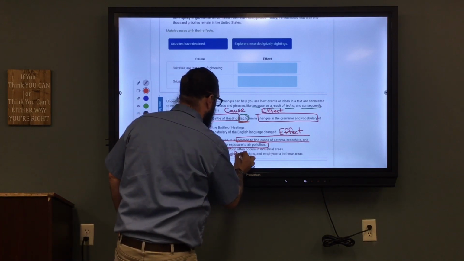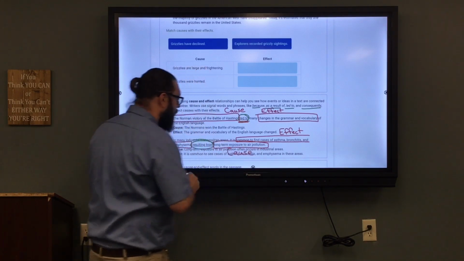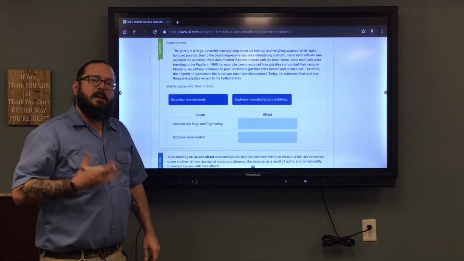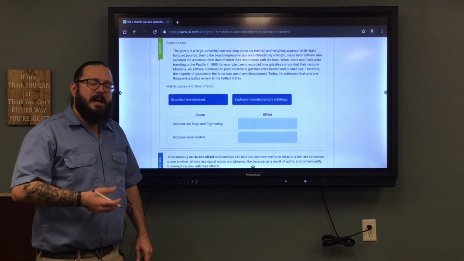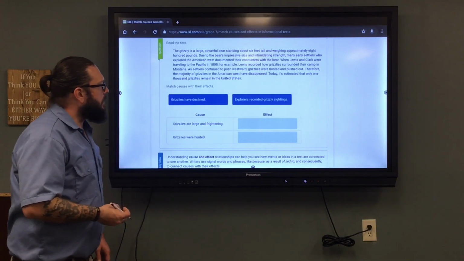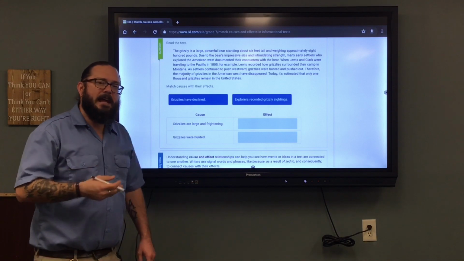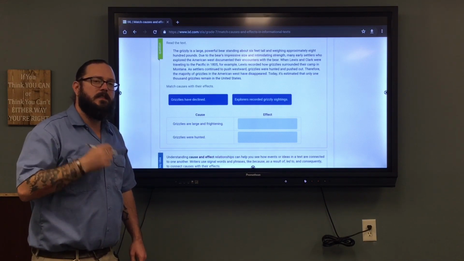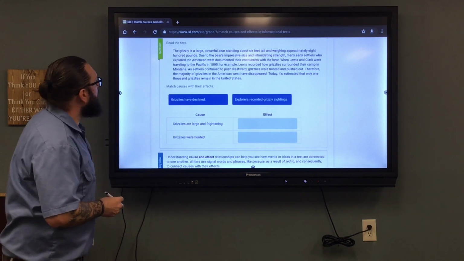So that is our cause. So now that we have a better understanding of how the cause and effect relationship works, let's take a look at a reading passage and see if we can match the causes outlined in the text with their effects.